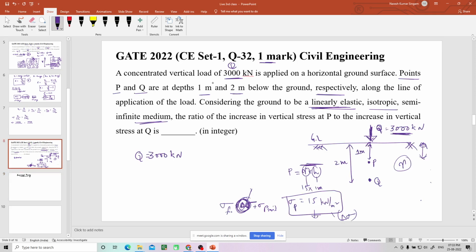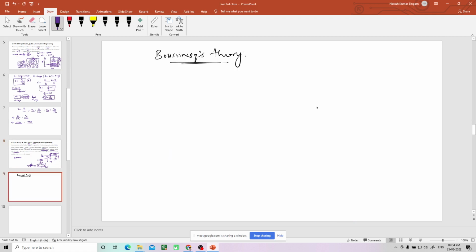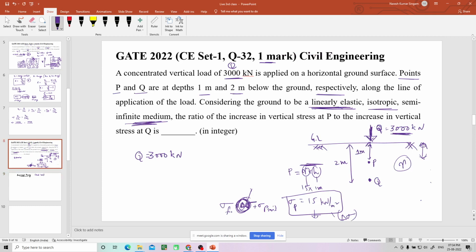So in the question, linear elastic, isotropic, semi-infinite medium are given because these are the assumptions of the Boussinesq theory, so you can understand indirectly that you have to use it. Remember, it requires a point load. This is the major one. You can't use it when an areal load is given. Here the concentrated load means a point load only.